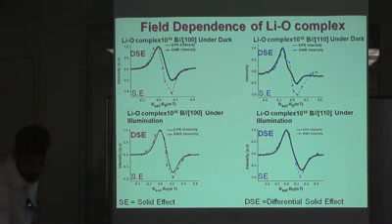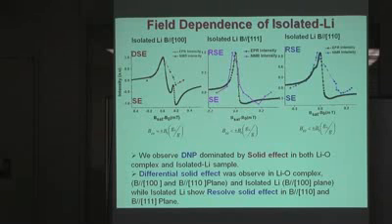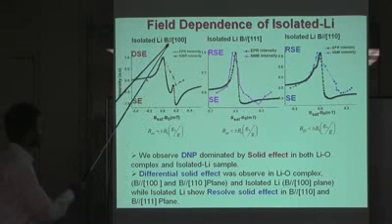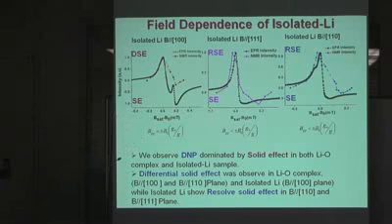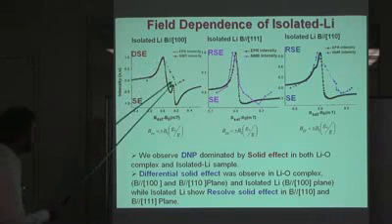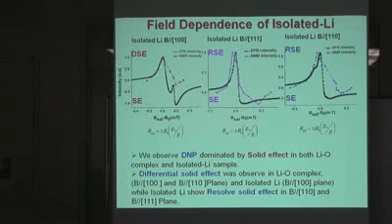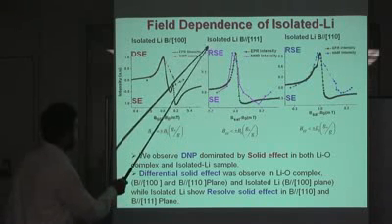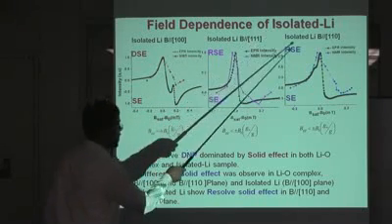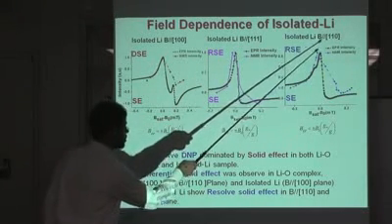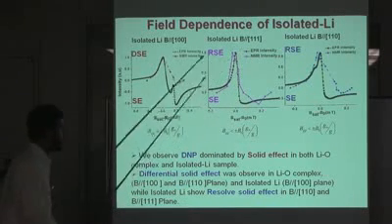Now I want to show you isolated lithium. Isolated lithium has very interesting features. First, in the case of isolated lithium with magnetic field parallel to the 100 plane, it shows differential solid effect behavior. But in the case of isolated lithium with magnetic field parallel to the 111 plane and the 110 plane, it shows resolved solid effect.